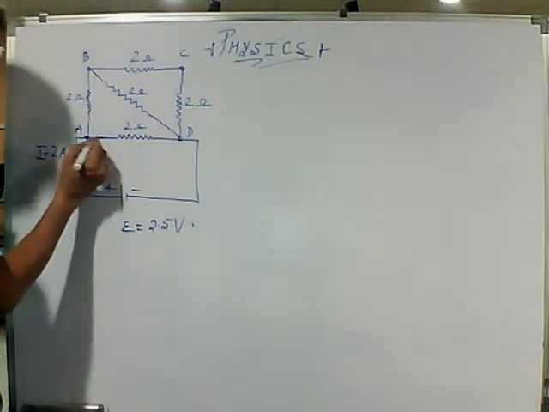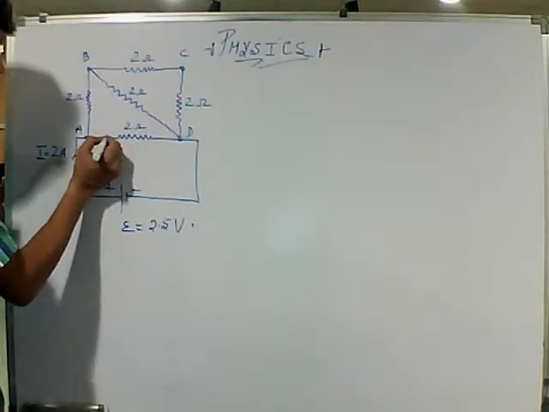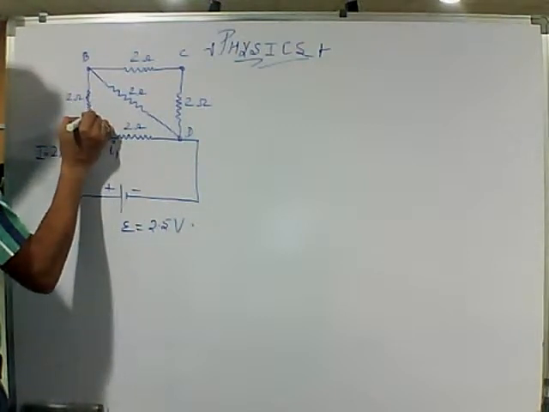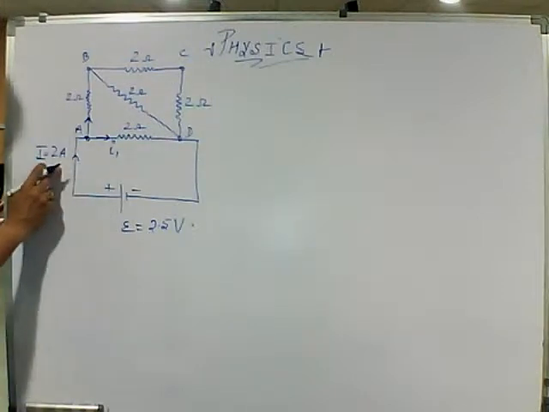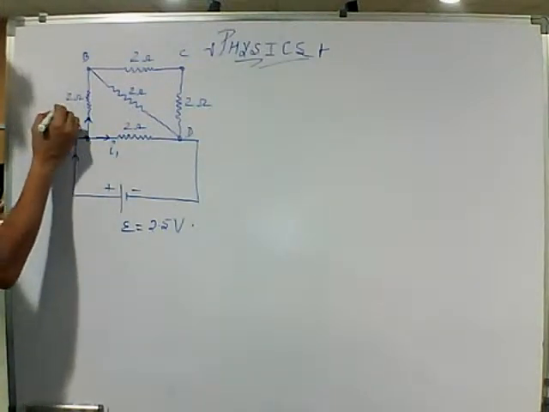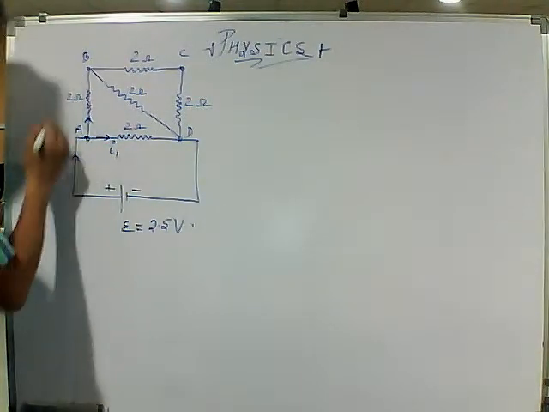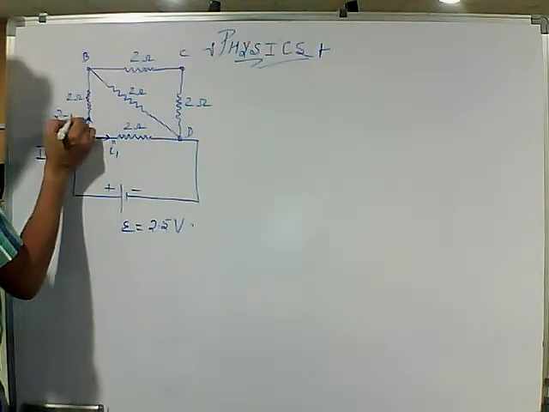If it breaks over here, let me take the current over here as I1. So here, beta, total current is 2 ampere. So here it would be 2 minus I1, or I can say I minus I1 or I2, whatever you want to take it as. I'll take it as 2 minus I1.